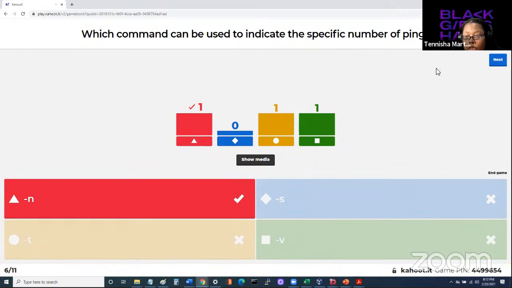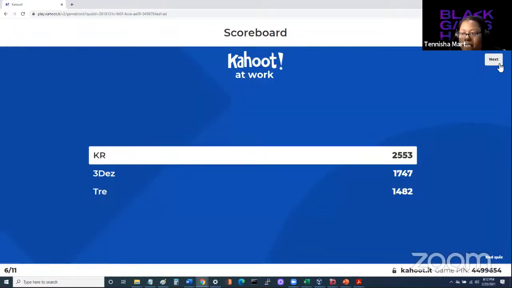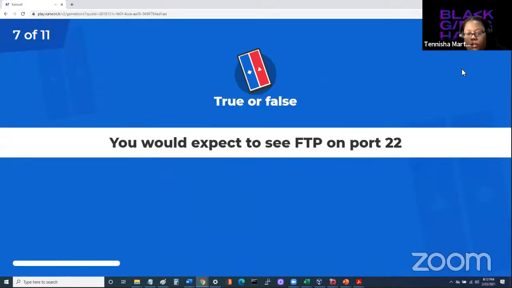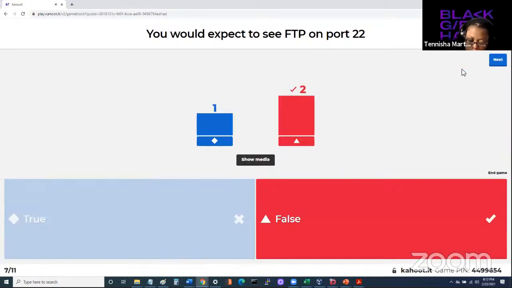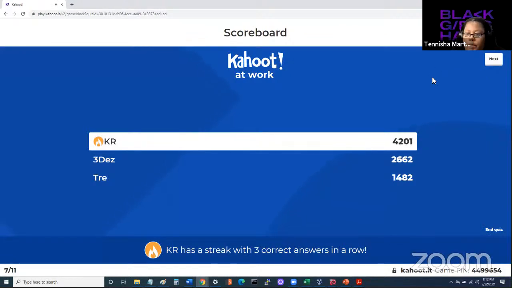The normal command to indicate the number of pings is -c, but on a Windows machine specifically, it is -n. So this actually threw me for a loop. So you should just not let it throw you for a loop. All right, true or false? Would you expect to see FTP on port 22? You would not. FTP is port 21 or 20.